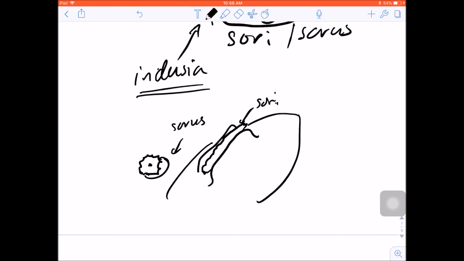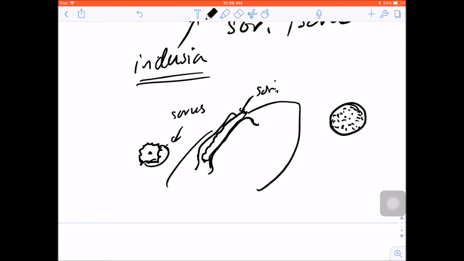But as long as you have any kind of tissue that seems to be surrounding or on top of the sorus, versus a naked sorus, which just looks like this very homogeneous dot, you'll know that that is an indusium.